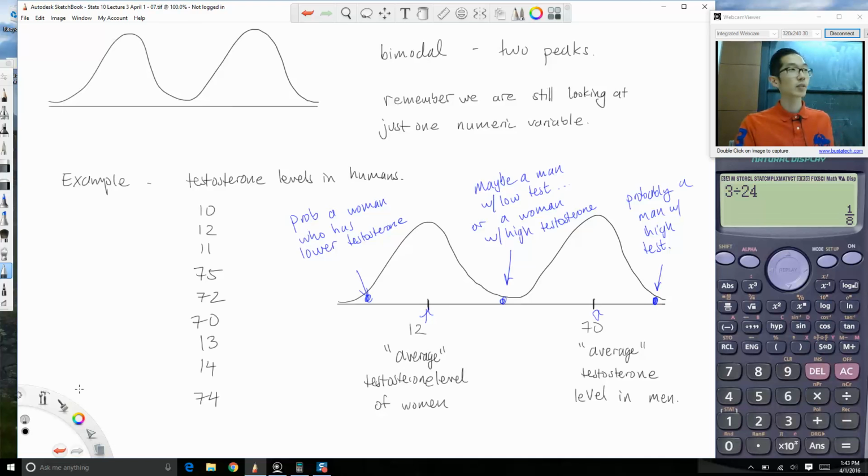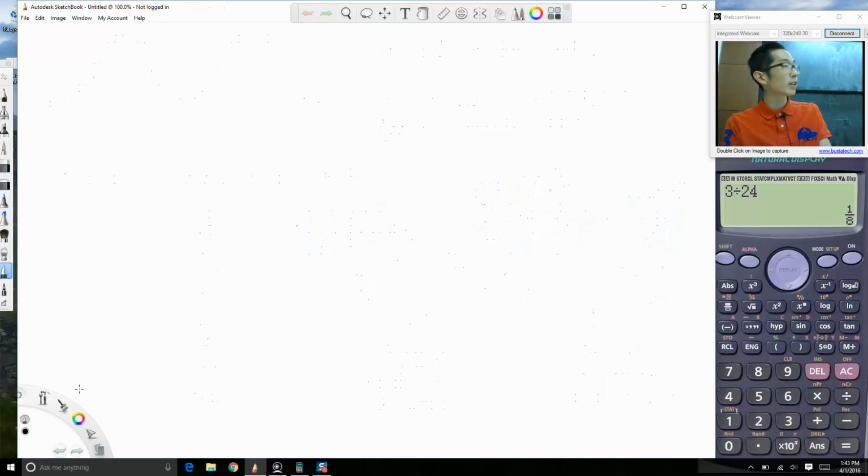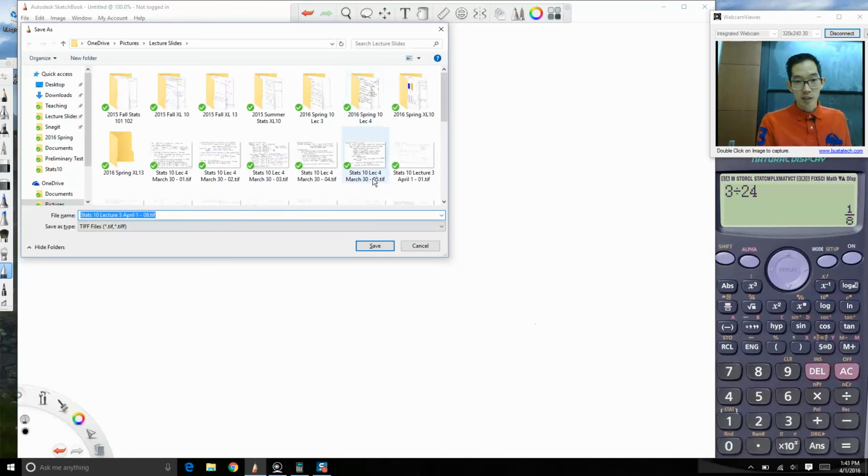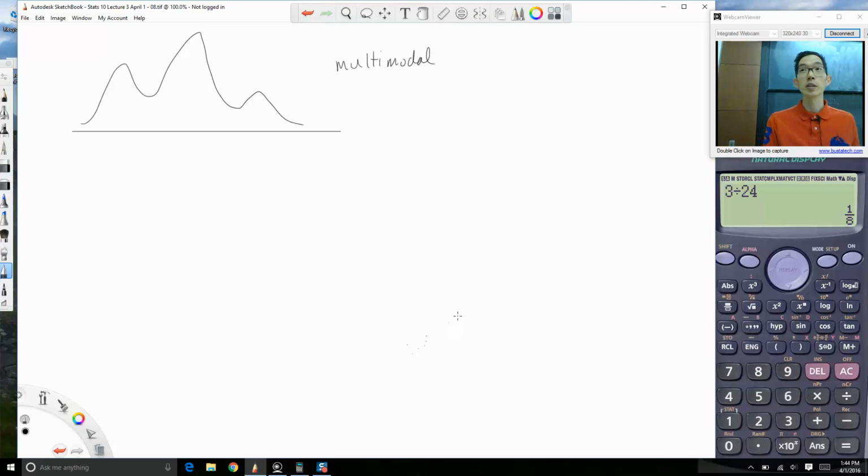And then if you have more than 2 peaks, we generally just say something like multimodal, okay? You could say trimodal, but more than 2 peaks, probably multimodal. Something like that, okay?